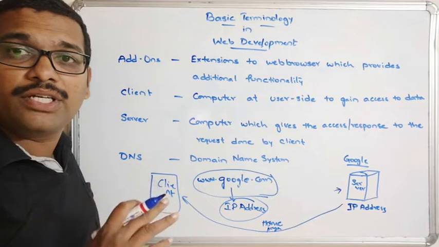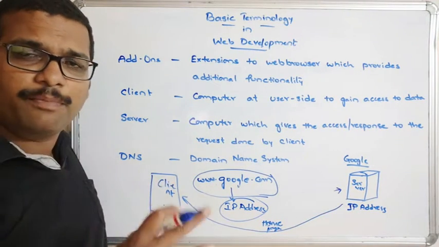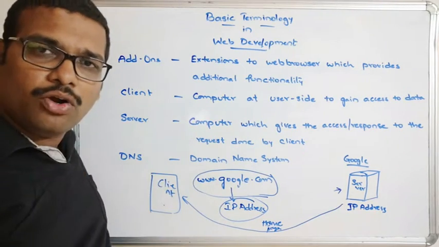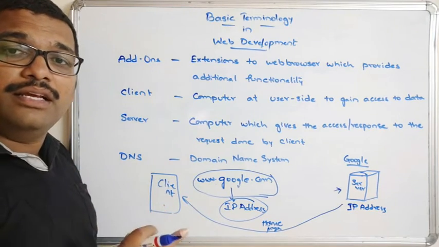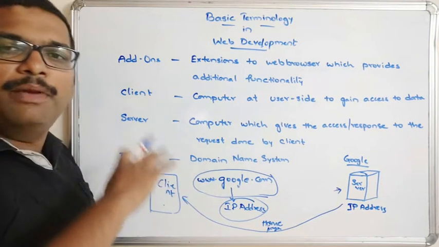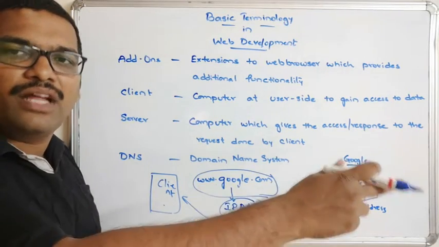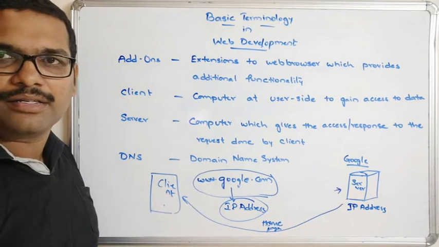Without conversion, the client cannot interact with the server. The first step, whatever it may be, you can open flipkart.com, amazon.com, or any other website, is that the URL will be converted into an IP address, and only then is the client able to interact with that particular server with the generated IP address.